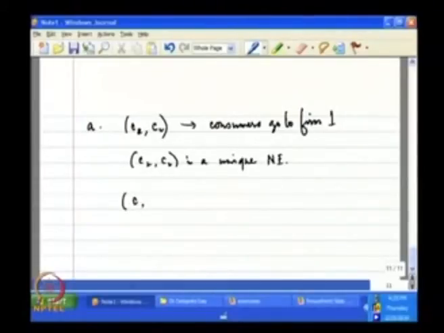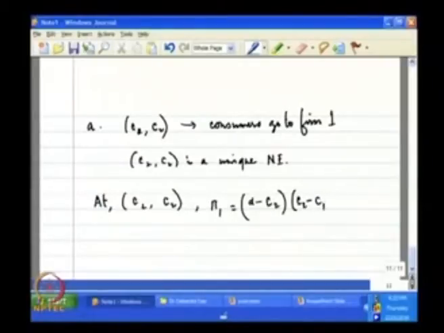Now, at (C2, C2), what is the profit of firm 1 for example? Firm 1 is getting the entire market. So, (alpha minus C2) is the demand that it is getting multiplied by (C2 minus C1).